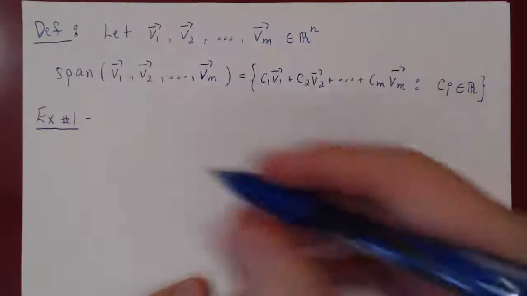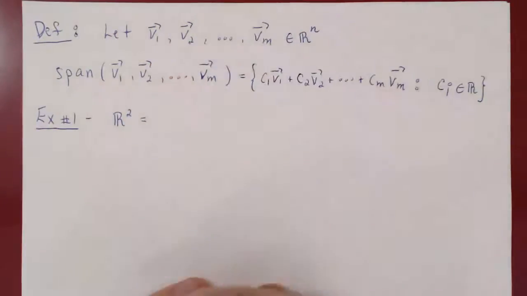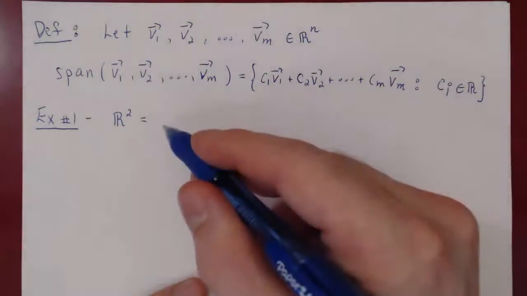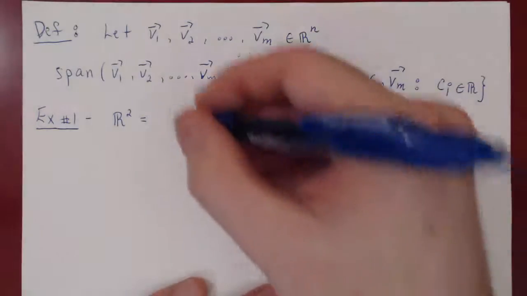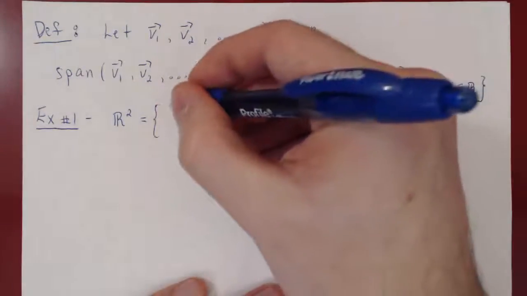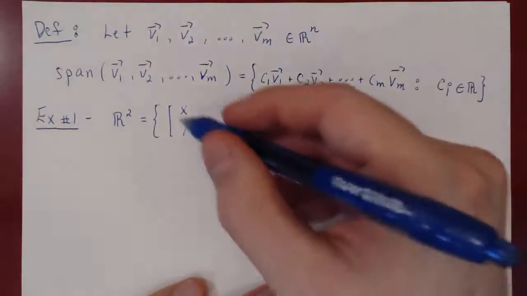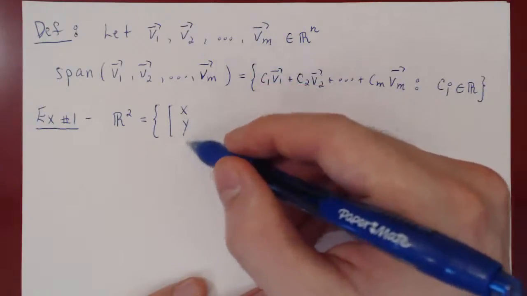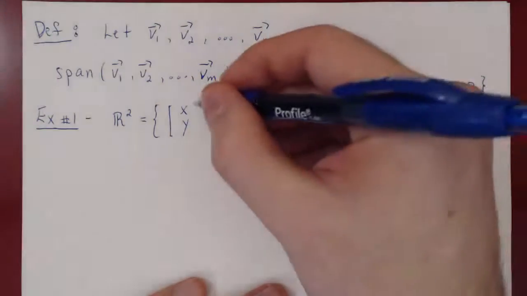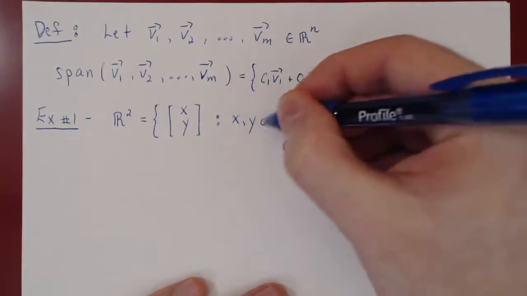What if I take R2, the xy plane? And remember that we will not look at R2 as tuples of real numbers, but as column matrices of length 2. So R2 is the set of all column matrices. If you think of them as points, the first entry is the x component of your point, the second entry is the y component of your point, and x and y are allowed to range over all real numbers.